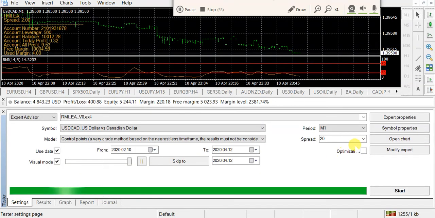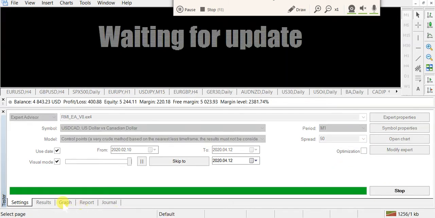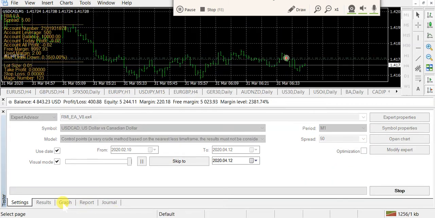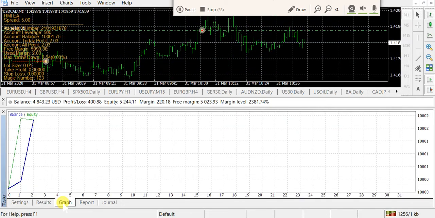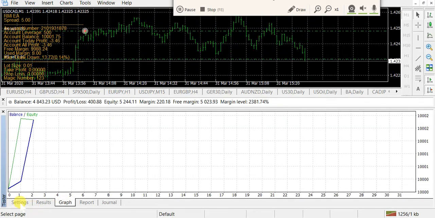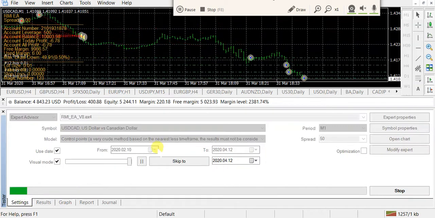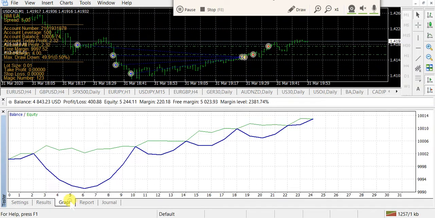Okay, so here's a fast test. Let's put a worse spread in here. Let's see how it does with a bad spread. Seems to enjoy it out of the gate there. That doesn't seem to care.